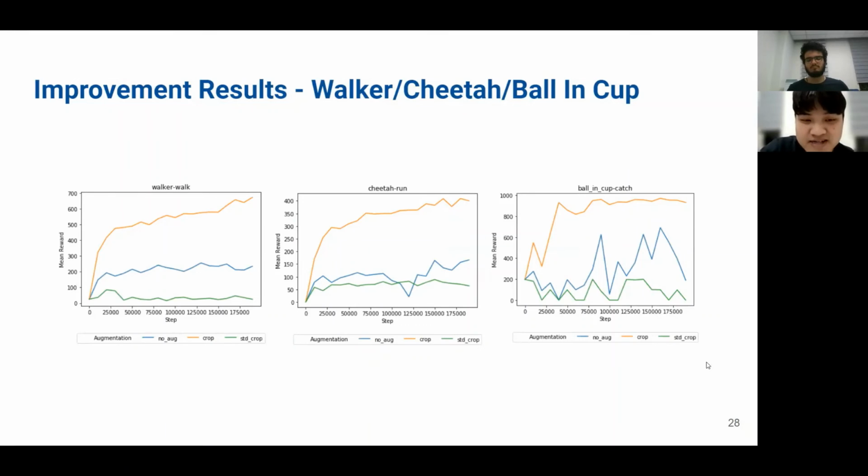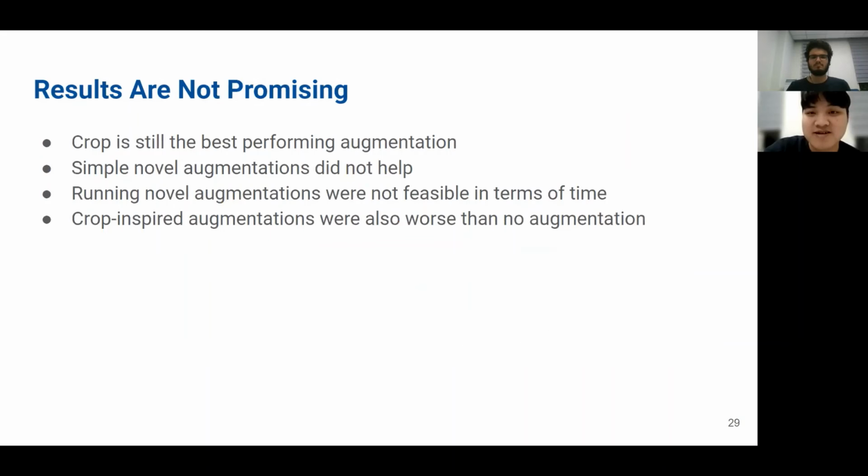In other environments, when we experimented with standard deviation-based cropping, we realized that the result is not better and sometimes worse than no augmentation, and in all settings is far worse than random cropping.